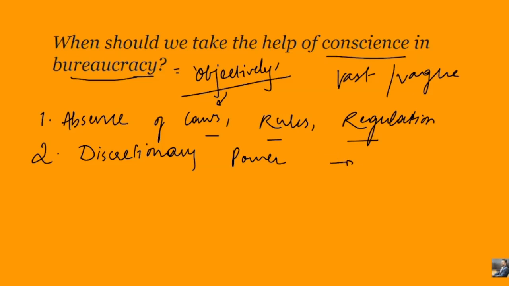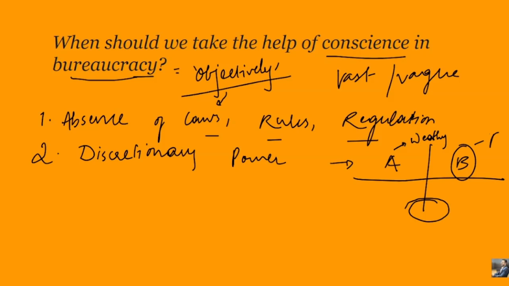So let's say there are two individuals, A and B. They have come with a particular problem, let's say a particular piece of land. A is a wealthy businessman, but B is a poor farmer, an agricultural farming lady, who does not have any other source of sustenance other than this agricultural land.